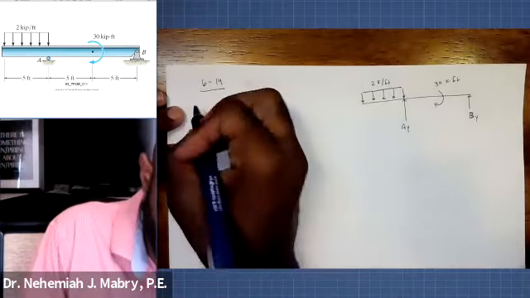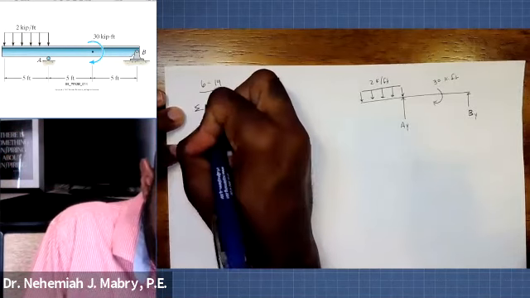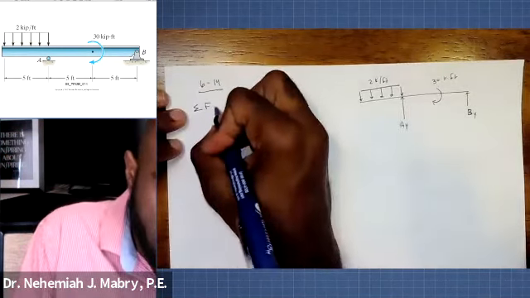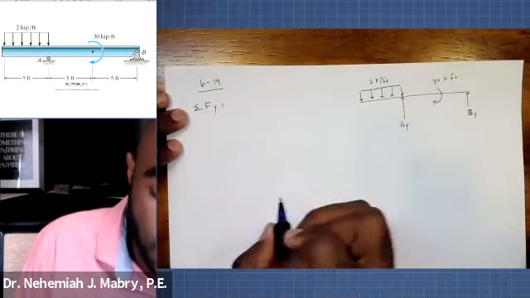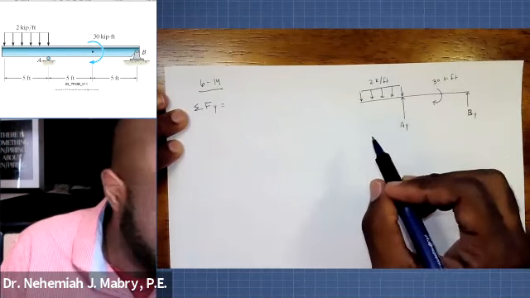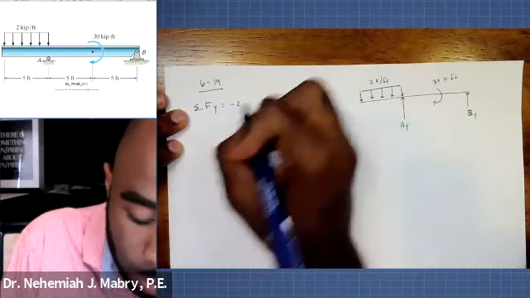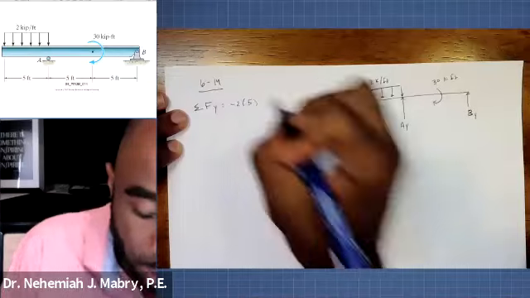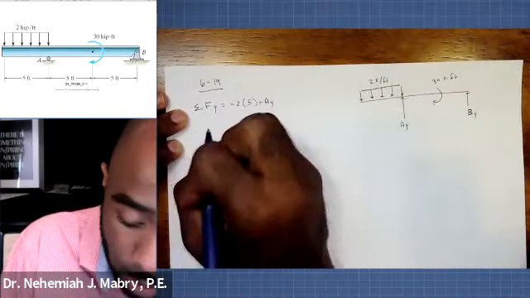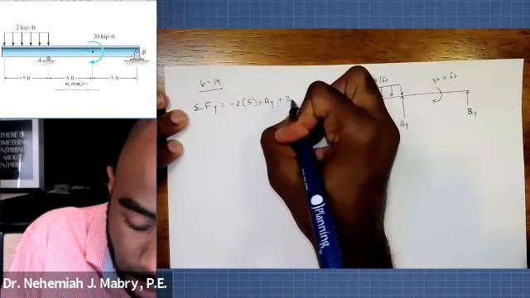Let's sum the forces. Well, I'll write the equation first of sum of the forces in the y direction. This distance is 2 times 5. So a negative 2 kips per foot times 5 feet. Positive AY, positive BY.